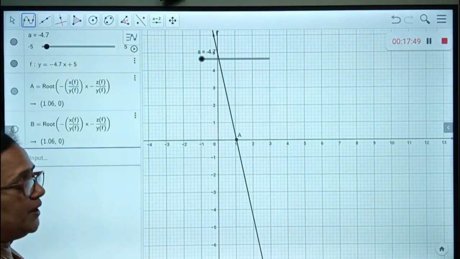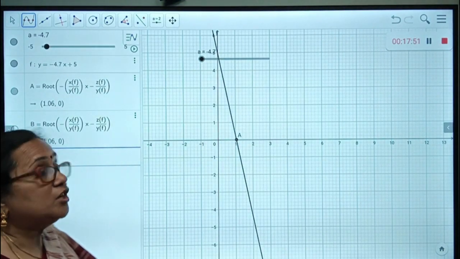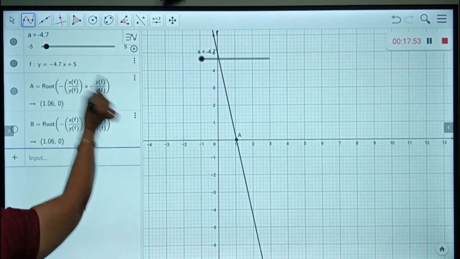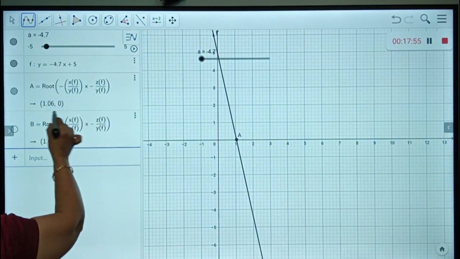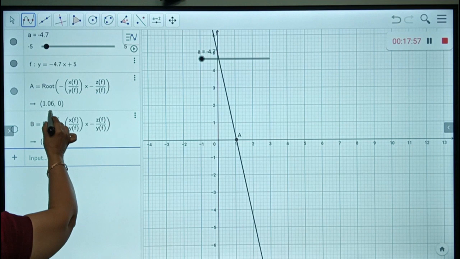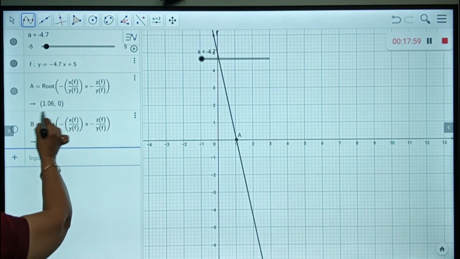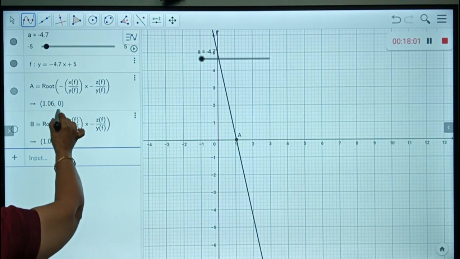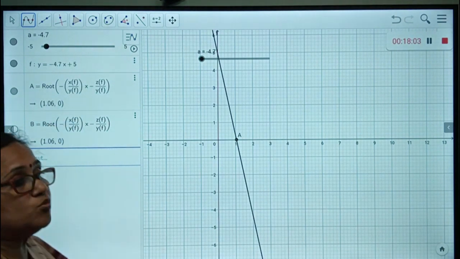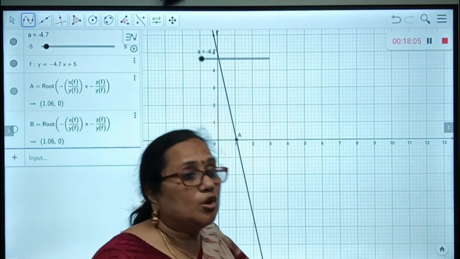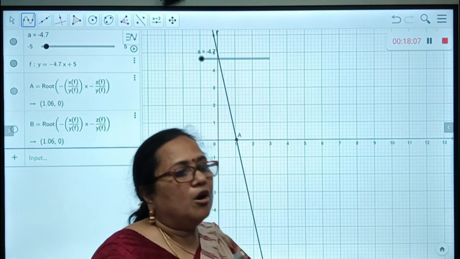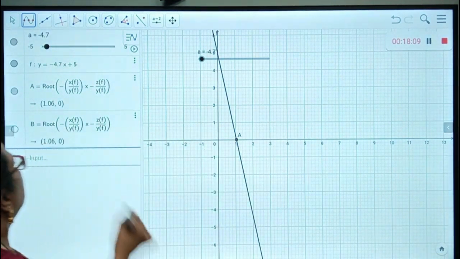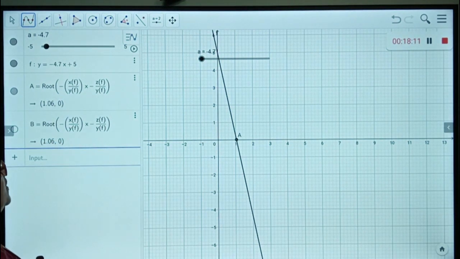So what does that mean? It means that the 0 of this given straight line is 1.06. Y becomes 0 when x is 1.06. So the root or the 0 of this linear polynomial is 1.06.